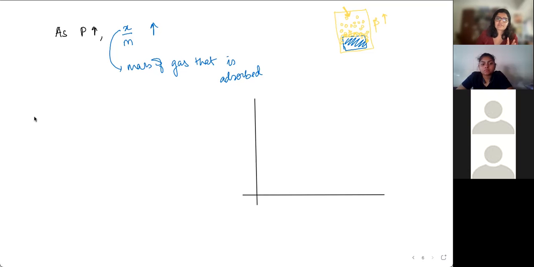That way he took different values, plotted it, and this is the kind of graph that he got. Initially it's straight, and then slowly it becomes a curve. So this is what it looks like.